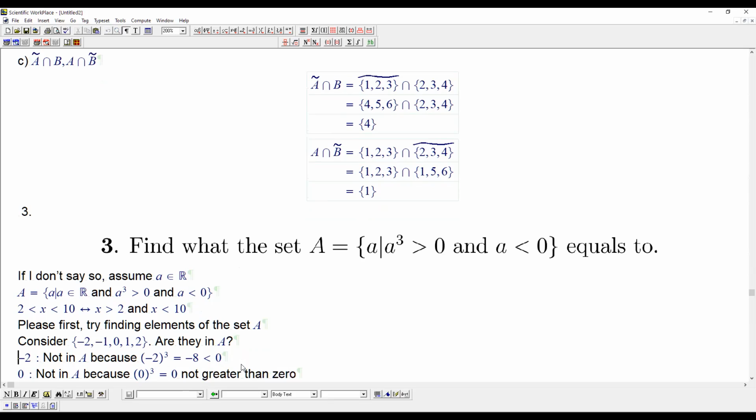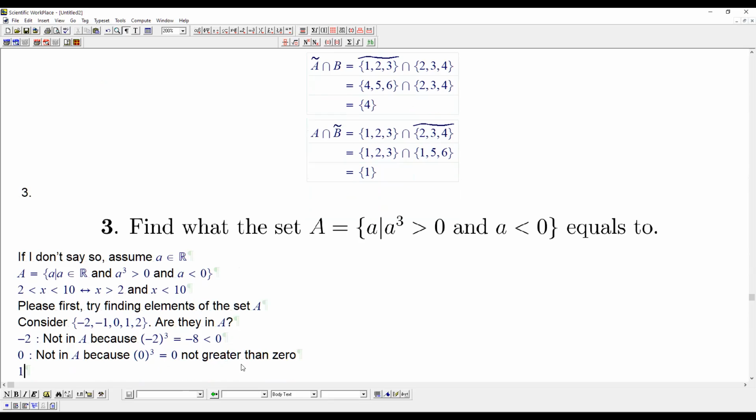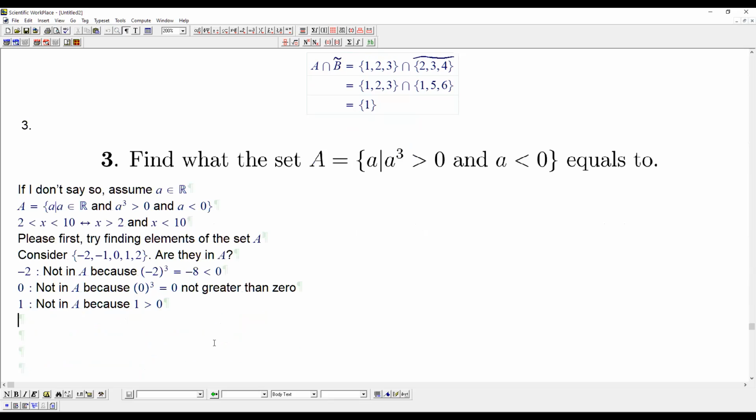For fun, let's try 1. That's not in A either, because 1 is greater than 0, so that doesn't fit this condition. So we can conclude that a simplified version of this is A equals the empty set.